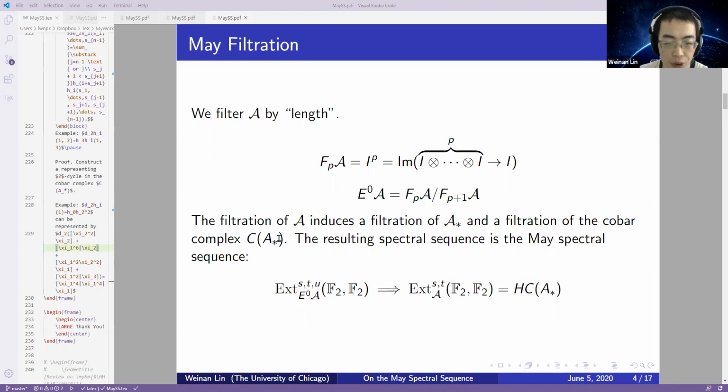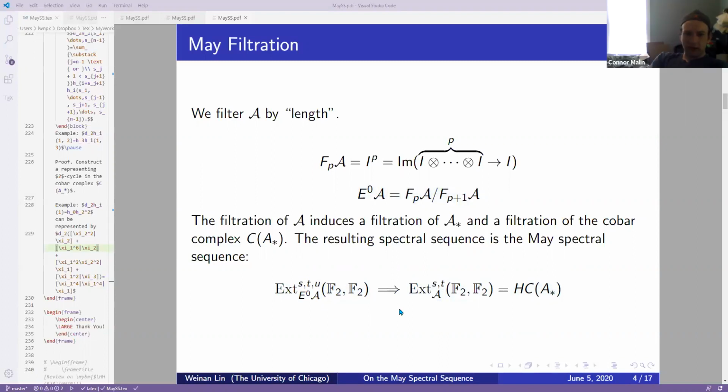So once we have a filtration, we obtain a spectral sequence. And that spectral sequence is the May spectral sequence. So we filter this DGA, and now we get the spectral sequence. The E2 page is proved to be the cohomology of the associated graded algebra, which is defined here.